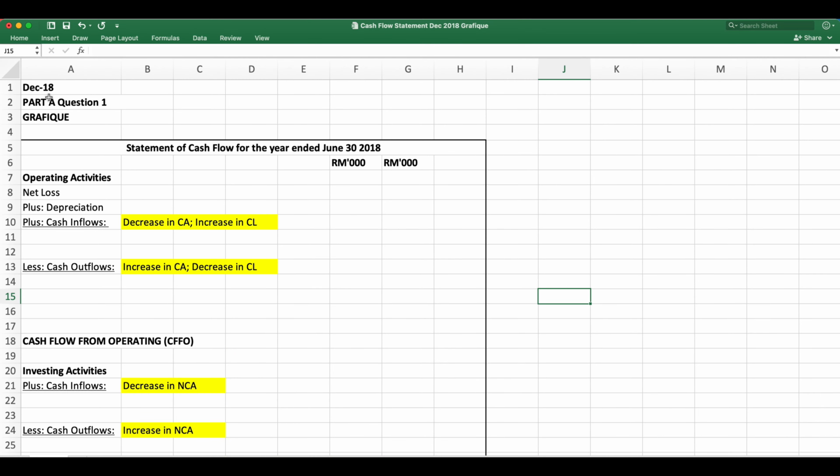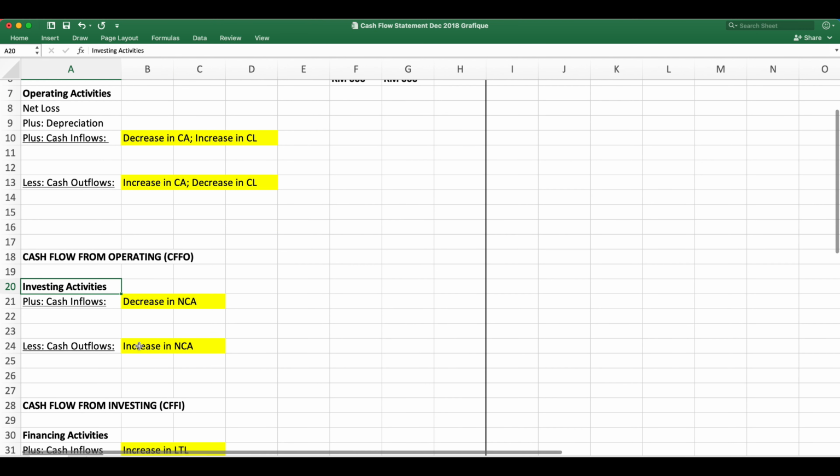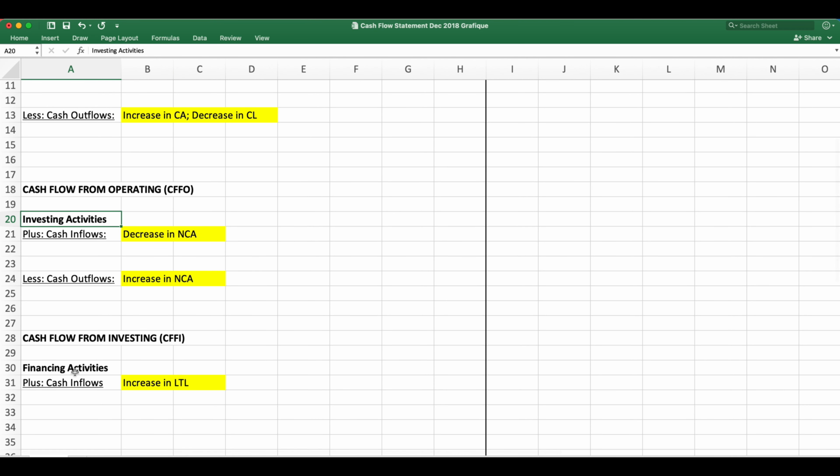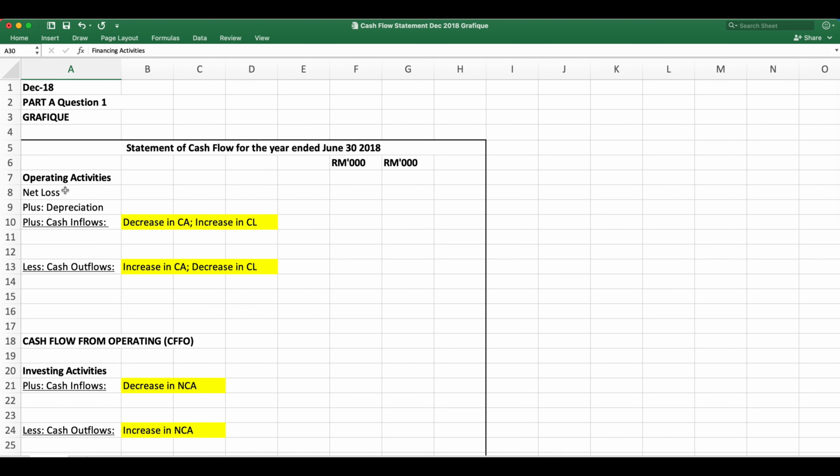As you can see here, this is the template for us to construct the statement of cash flow for the year ended June 30th, 2018. We are going to divide the cash flow into 3 main activities, which are operating activities, investing activities, and the last one, cash flow from financing activities. We are going to prepare the statement of cash flow using the indirect method.